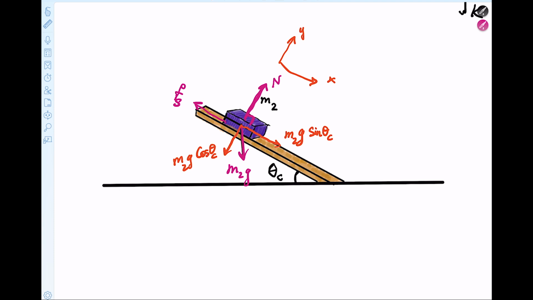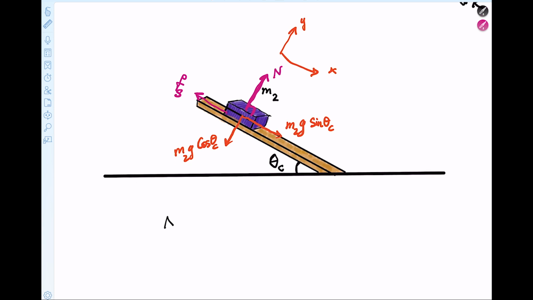If you break M2G into its components, you don't need to show M2G anymore, so I'm going to erase it. And remember, along the Y direction the object doesn't move, so N is always M2G cosine theta.